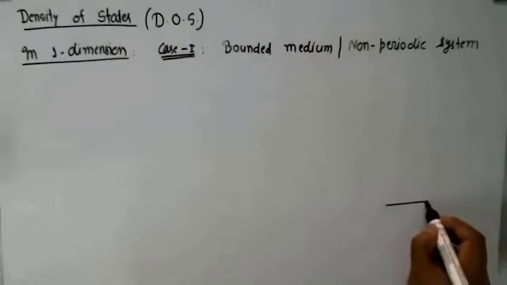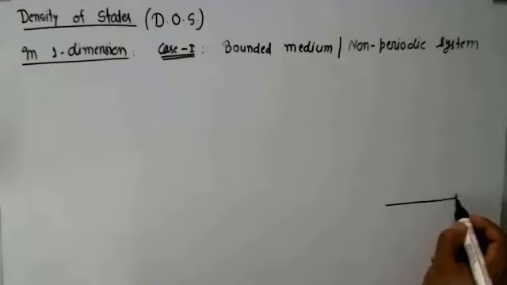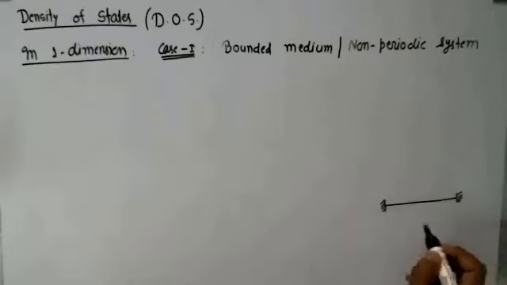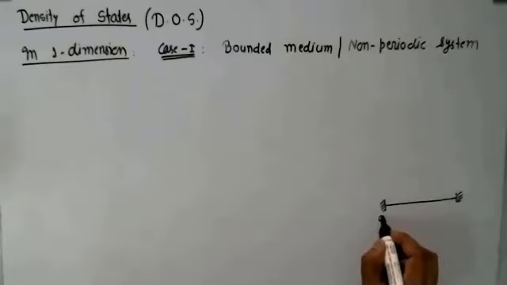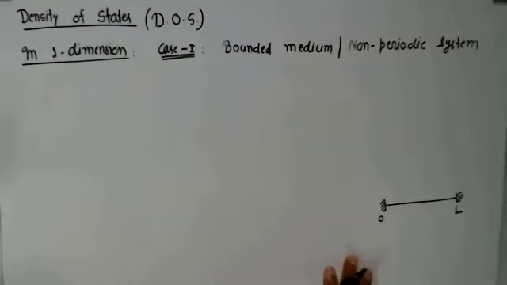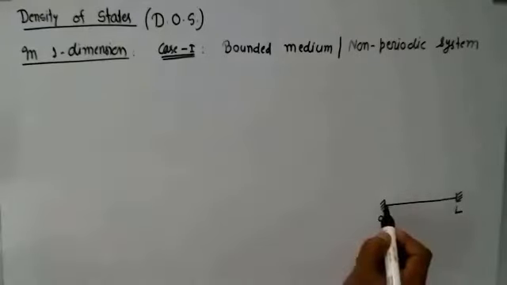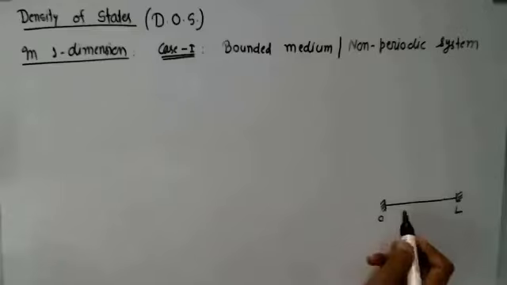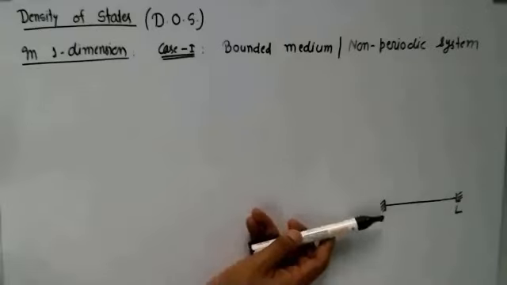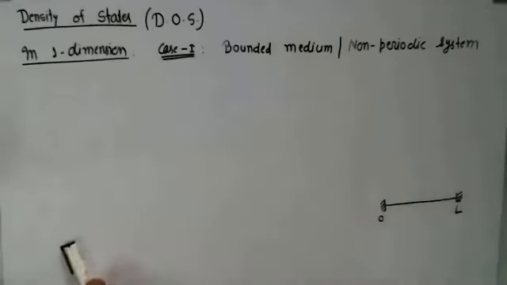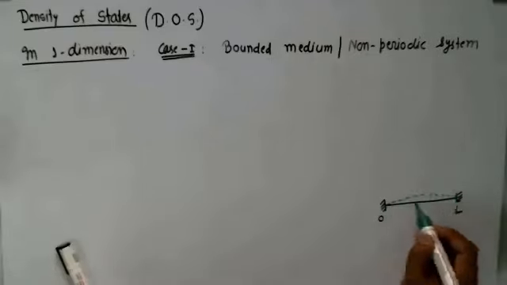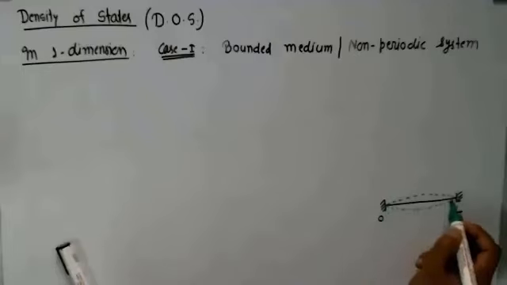Let's take the example of a rope tied between 2 walls, and let this rope have a length 0 to L. When you pluck the rope from this end and then leave it, this rope can oscillate up and down. If you pluck it a little from this end and leave it, the rope will oscillate, and it can oscillate in this manner.